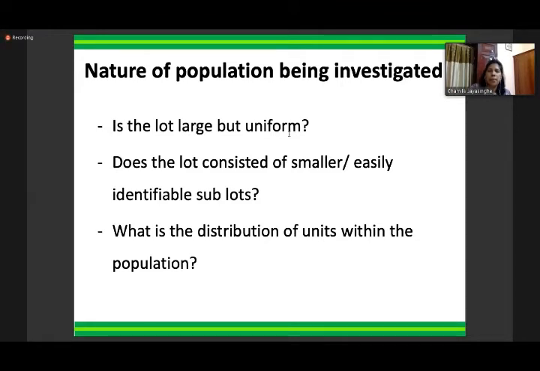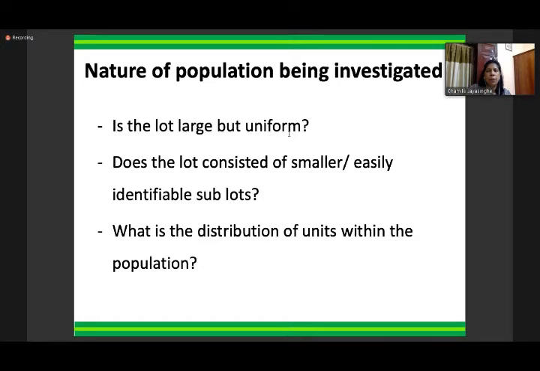The distribution of units within the population is also very important. In the case of corona, the distribution of units within the population we can't identify. So it is really a problem to identify the subunits, or the units within the population, because it's the whole population in Sri Lanka.